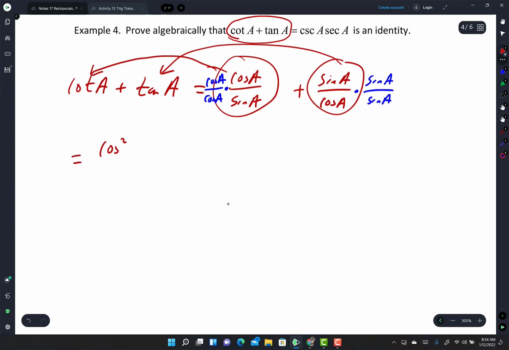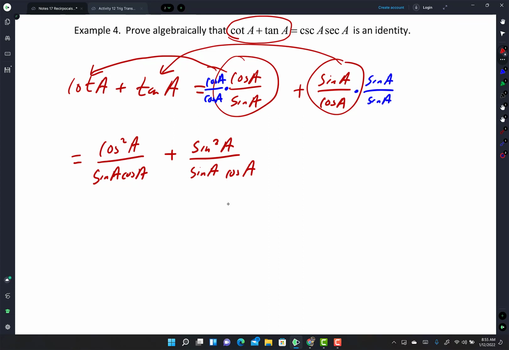Cosine times cosine, that is cosine squared, over sine A cosine A, plus sine A times sine A, what is that? Sine squared over sine A cosine A. Are we still okay?